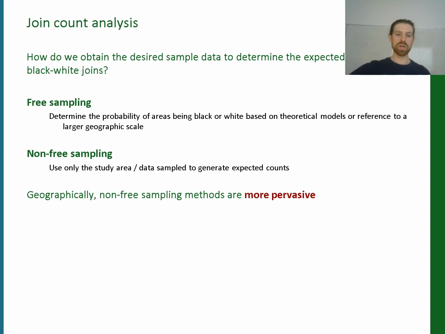And then there could just be non-free sampling as well. That's where we only use the study area that we've actually got data for. That data is sampled to generate expected counts. So generally we're going to be using non-free sampling methods, as that's the more common approach.